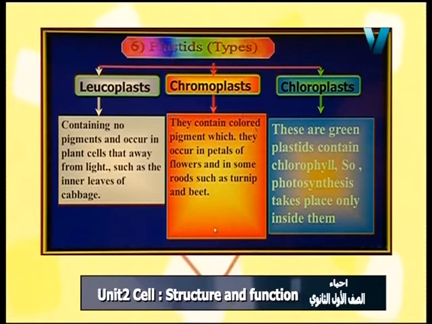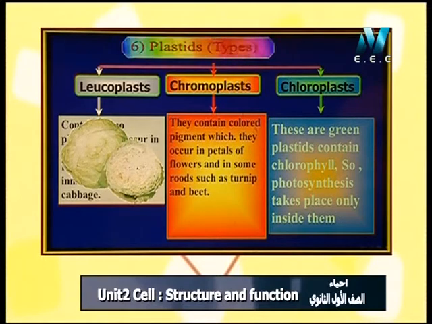But the chromoplast contains colored pigment, they occur in the petals of the flower and in some roots such as carrots and beets. The chloroplast contains green pigment called chlorophyll. So photosynthesis takes place inside the chloroplast. يبقى plastids leucoplast, chromoplast and chloroplasts.